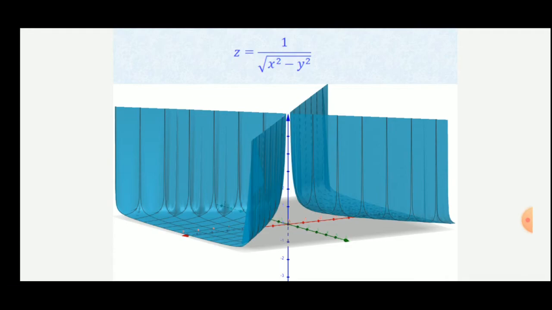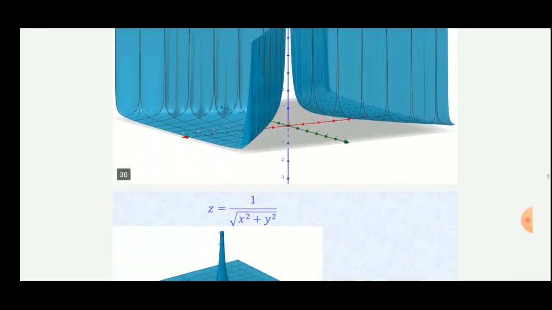So we will get the graph in the upper half part, and we will get our graph if x square minus y square is positive. So x square greater than y square. So what is the region? What will be the domain, so that x square minus y square will be positive?